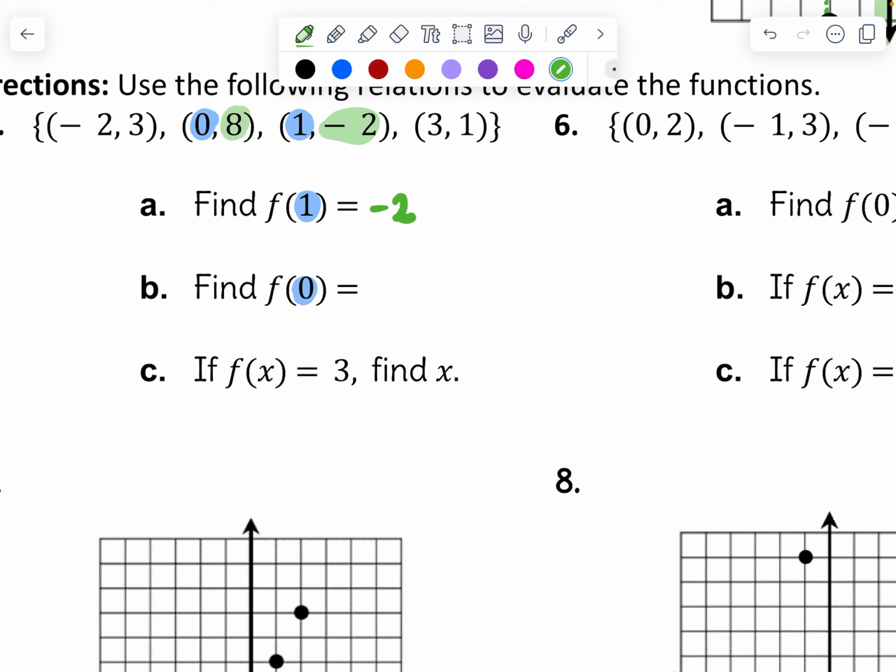So f of 0 equals 8. If f of x equals 3, so now it's saying when the output is 3, what is the input? We find where the y value is 3, the x value is negative 2. So in function notation, we would write that f of negative 2 equals 3.